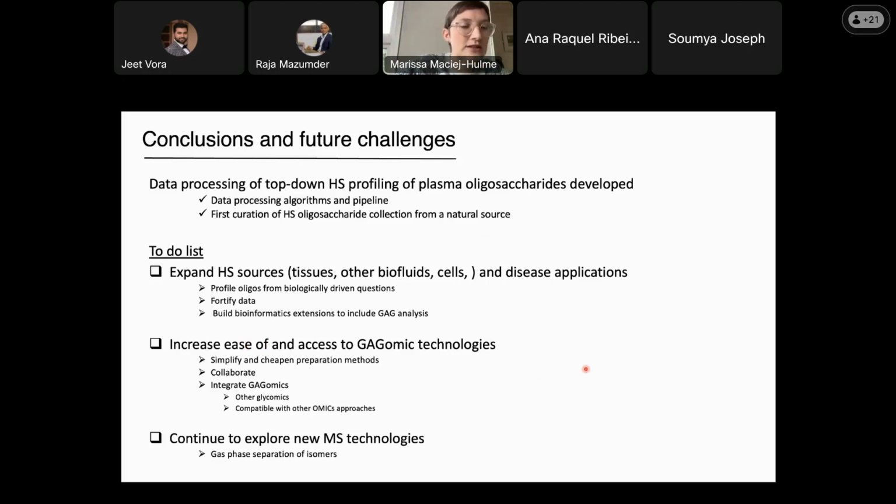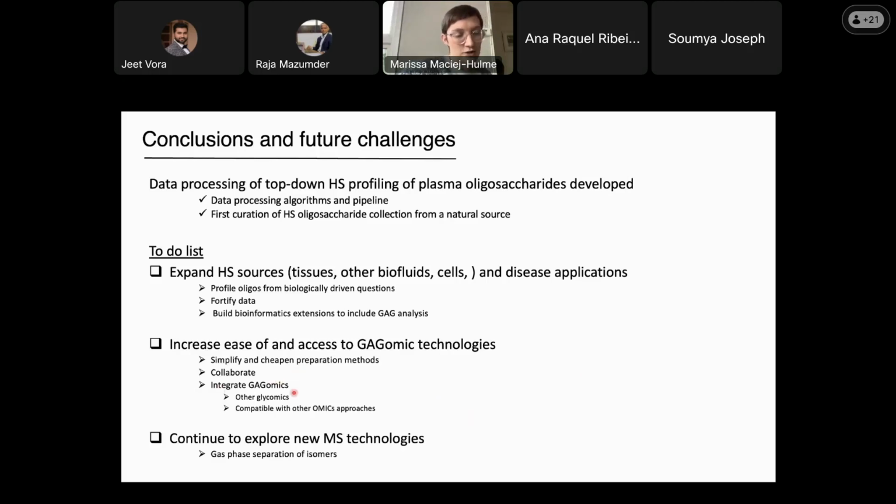So if we can increase the ease of the preparation methods that lead up to the GAGomics, and then access in that way to the technologies, we can fortify more collaborations. And one way to do this is to try and integrate GAGomics into other glycomics and keep it compatible with other omic approaches. For example, transcriptomics. If we could get the glycomics and the transcriptomics together, then people would not have to choose.